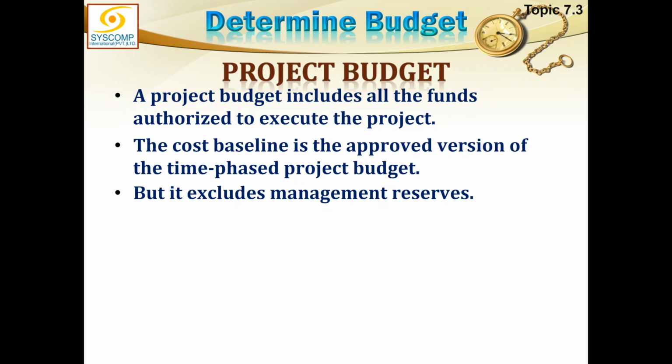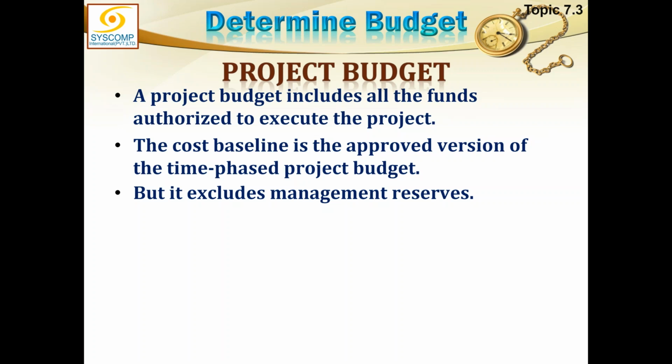the top level management, which is called the management reserve, and that is on top of the cost baseline. The cost baseline, which is the cost of all the work, plus the management reserve, is equal to the project budget. The total project budget is cost baseline plus management reserve.